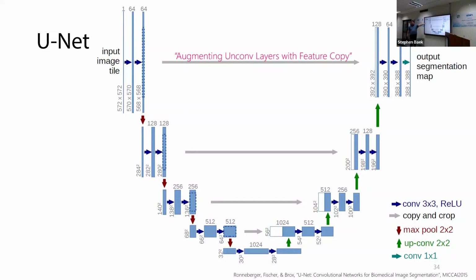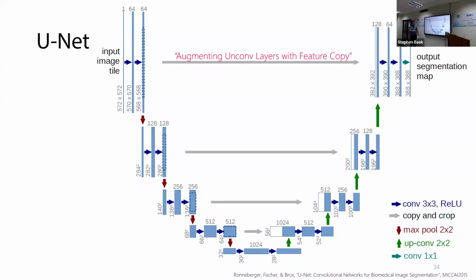The idea of U-Net is very similar to the SegNet architecture. So we start from an input image, okay, apply convolution, and then apply pooling to downsample to a lower dimensional image. And then repeat the same process again, convolution, pooling, convolution, pooling, convolution, pooling, convolution.